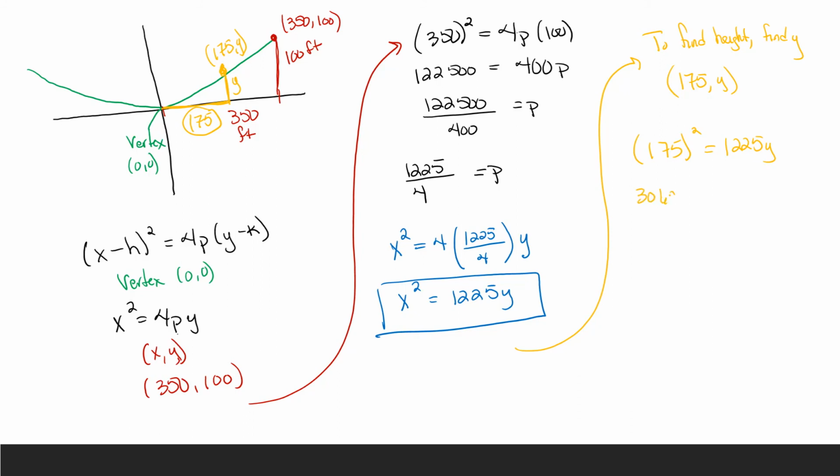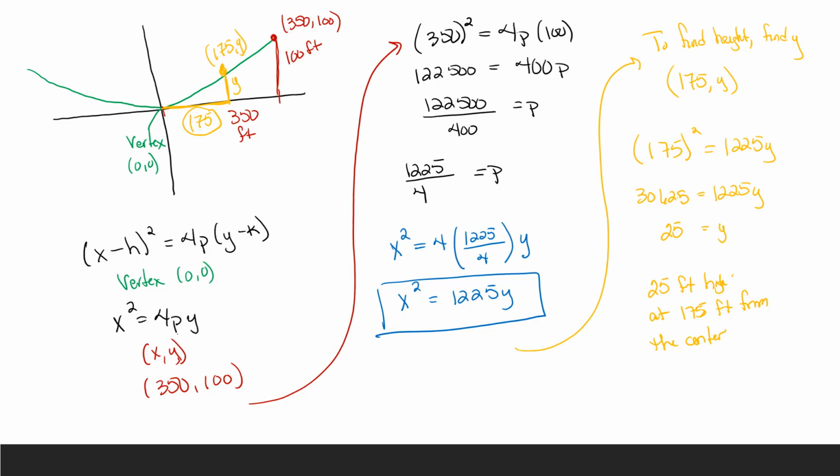All right? Okay, so this is what I get when I square this. Boy, am I hoping this divides nicely by 1,225. And for me it did. I got y equal to 25, which means at that point, this is 25 feet high, at 175 feet from the center.